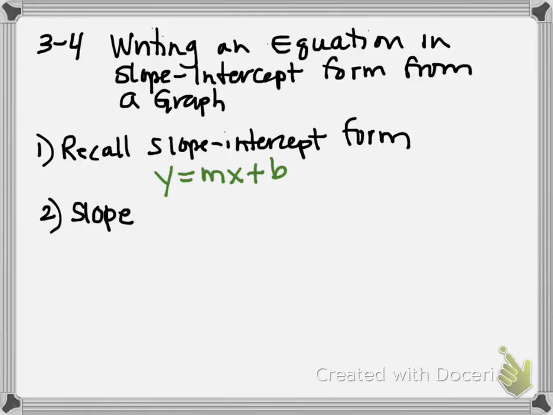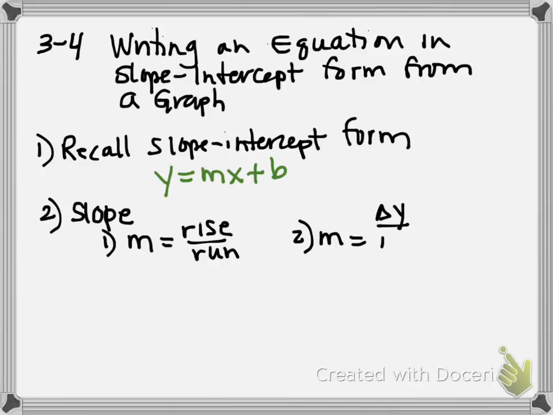And we talked about two methods. Okay? So method one would be to look at slope as rise over run. We have a graph, so it's going to be easy for us to just count rise over run. Okay? That's a possibility. But if you think about it, another way of saying rise over run is the difference in the y's, the change in the y over the change in the x.